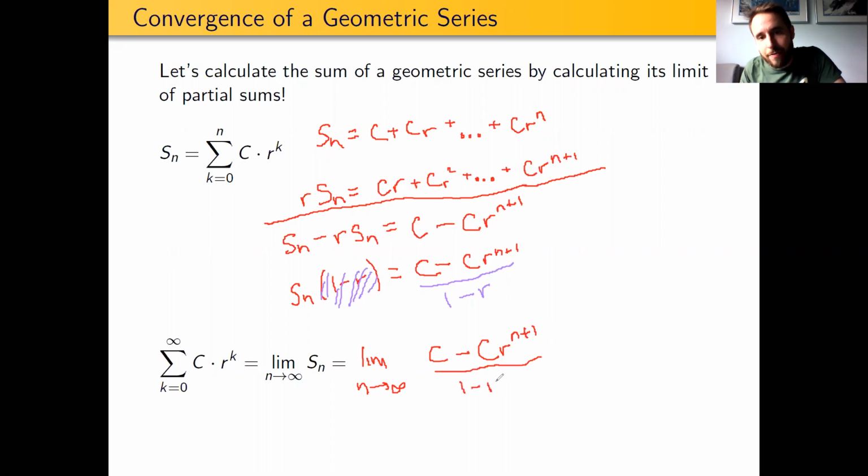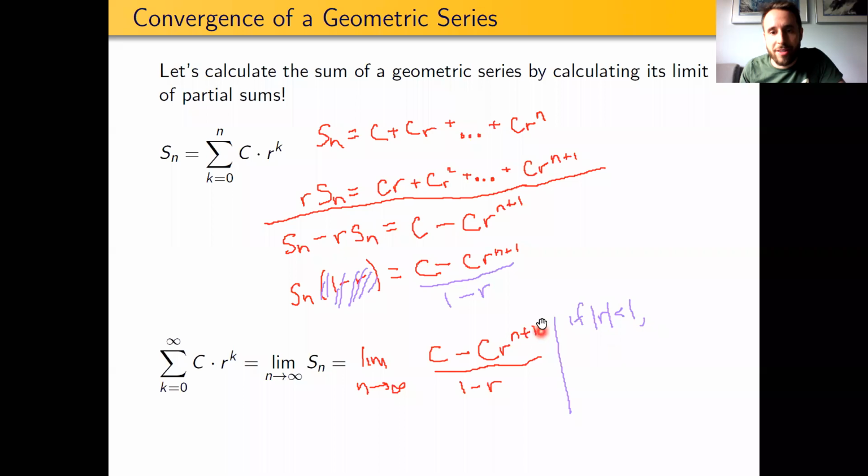And notice, there's a lot of constants floating around here, but let's think about this. C is just some constant, that's not changing. r is just some constant, that's not changing. The only thing that is changing is this exponent on the r. And so we see, in fact, that only two possible things can take place, right? If r, let's say absolute value of r, is less than 1, and let's think about this.